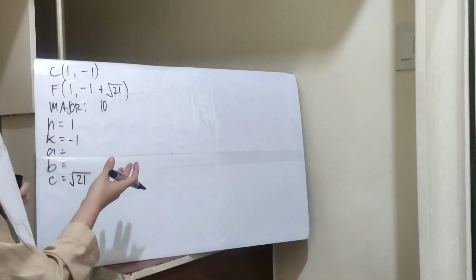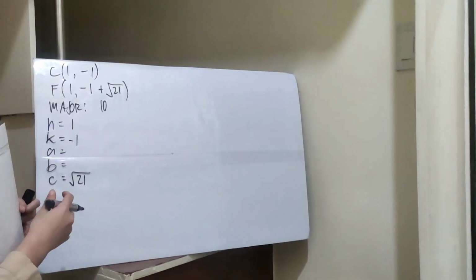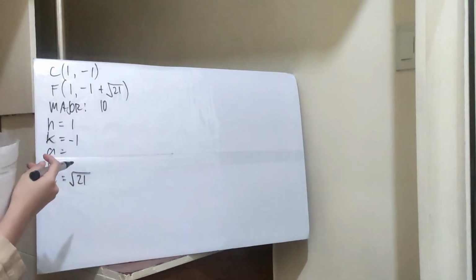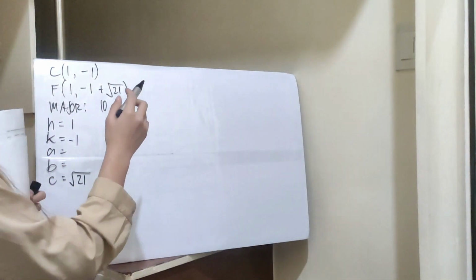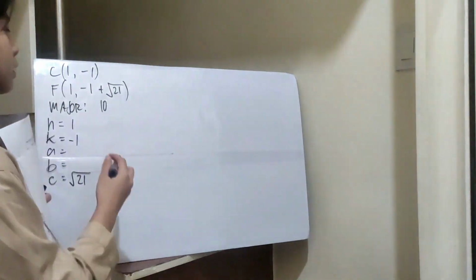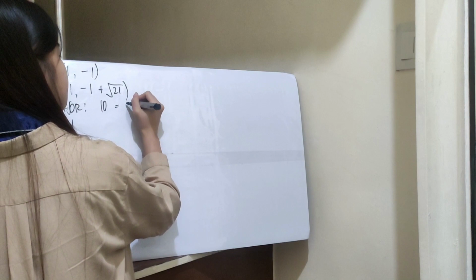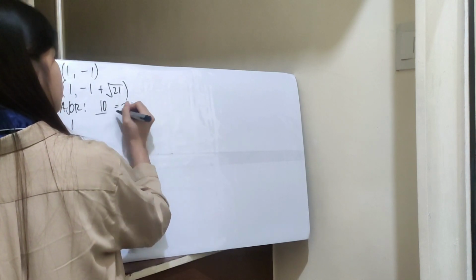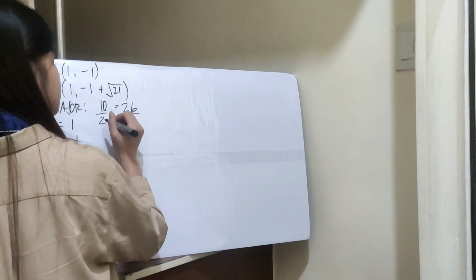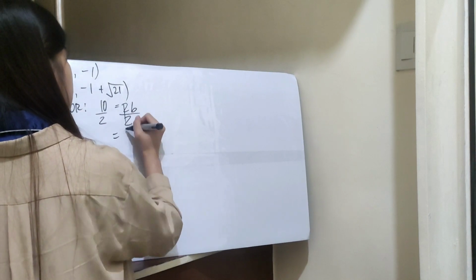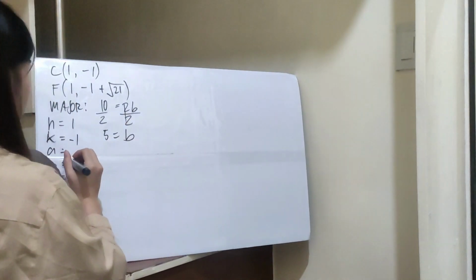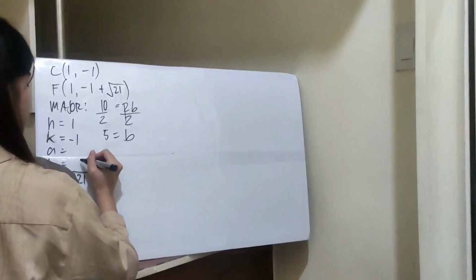In the given properties, we can also see that there is a major axis, in which major is derived from the formula 2b. So we can simplify the value of b by dividing both sides by 2, which is equal to 5. So our value for b is 5.